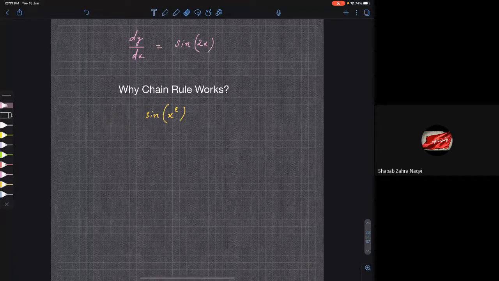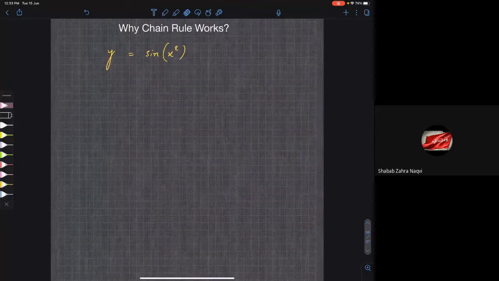Now tell me, y equals sine of x squared. What are x and y? They are just variables, right? Instead of x, can I choose the variable as u? Is there any problem? No problem.